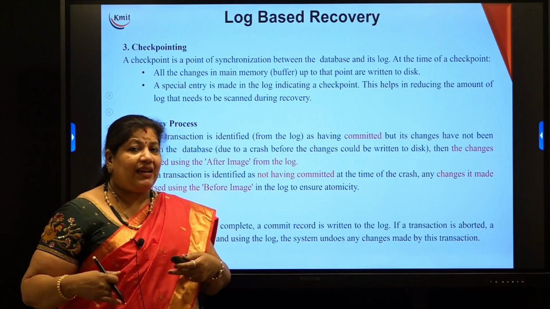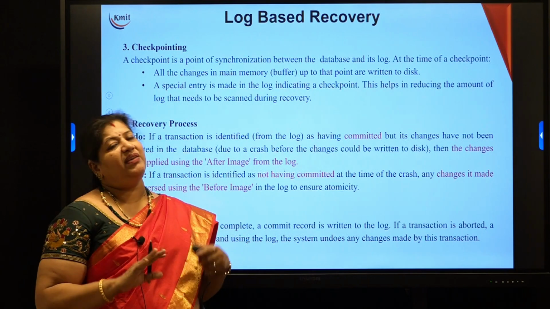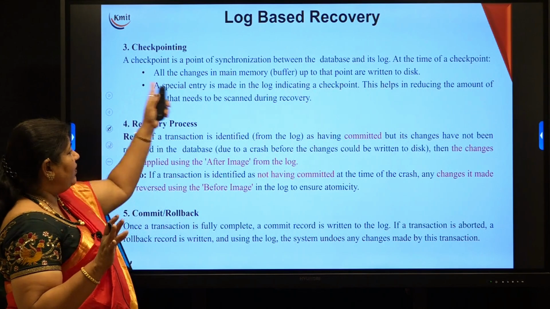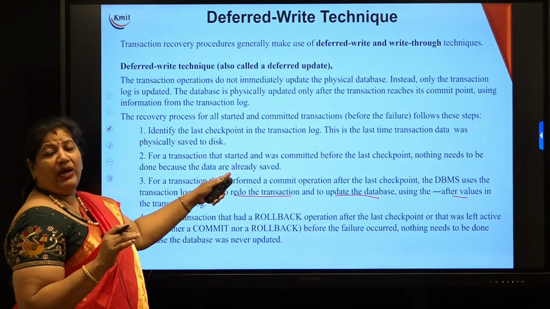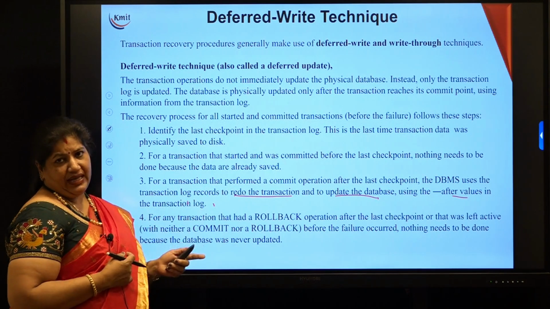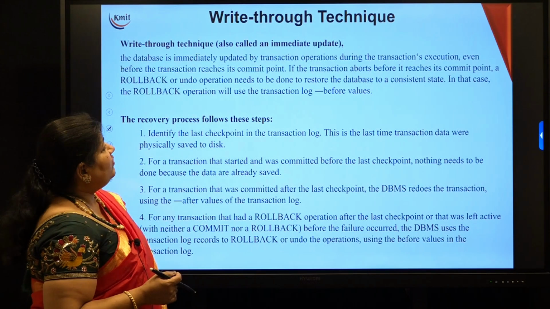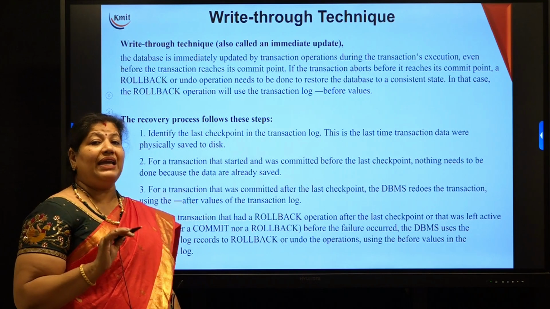So any transaction that you have done or half done is not updated to the database. You need not worry at all, just leave it aside. So in case of deferred log, redoing the work only affects committed transactions after the checkpoint. Whereas in case of a write ahead log, what will happen?